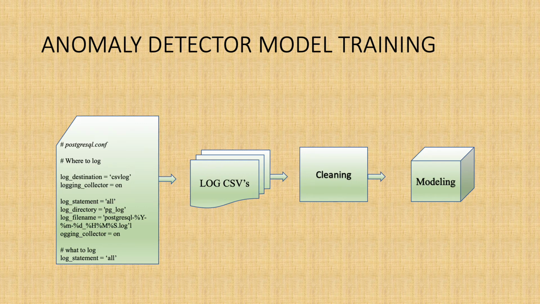We also specify the format and what statements have to be logged in the Postgres configuration. Once we have modified this file, we have to restart the Postgres system, and only then will it start logging and take effect.